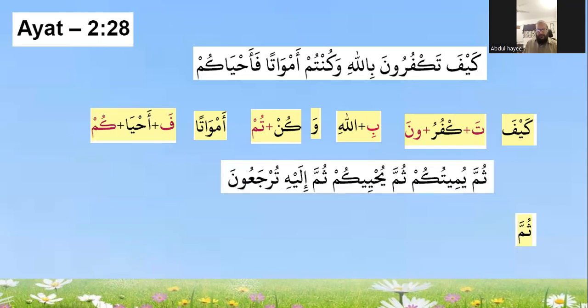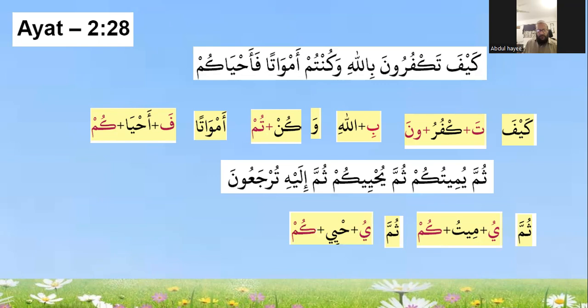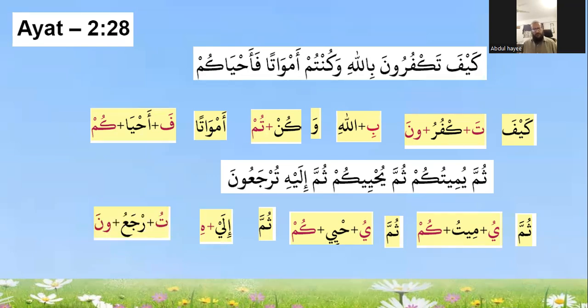Thumma is a single word. Yumitukum: ya is alamat mudare, kum is the zamir, meet is the word. Thumma yuhyikum: ya is alamat mudare, kum is the zamir. Thumma ilayhi, toward: ila and hi. Turja'un from the mudare, and wa is the plural and raji' is the singular.